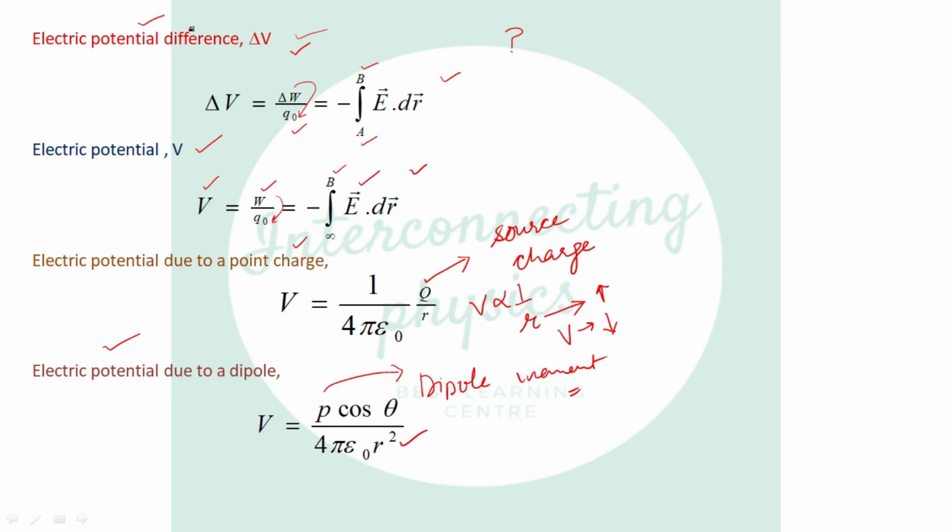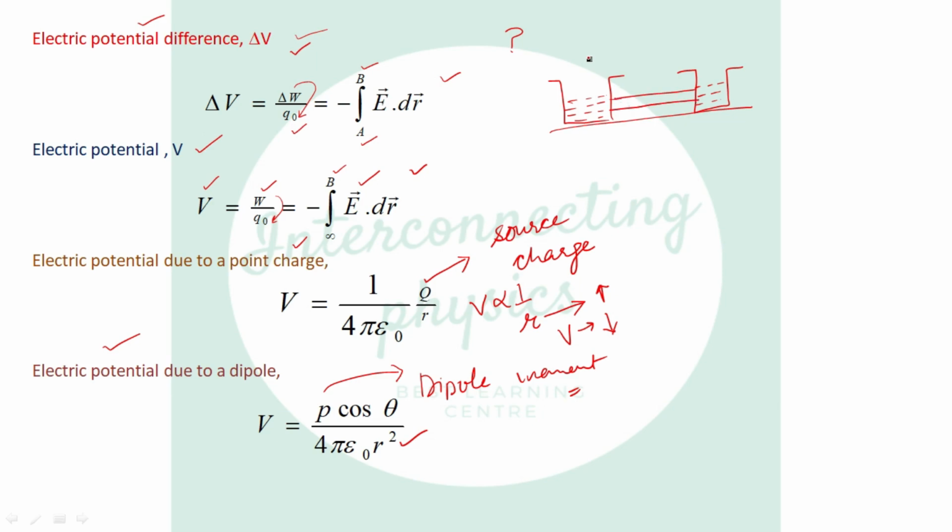Now the question is, why do we study electric potential difference? What is the need of electric potential difference? So I'll explain with an example. Suppose we have two beakers filled with equal amounts of water, and they are at the same height from the ground, and they are connected with some pipe.